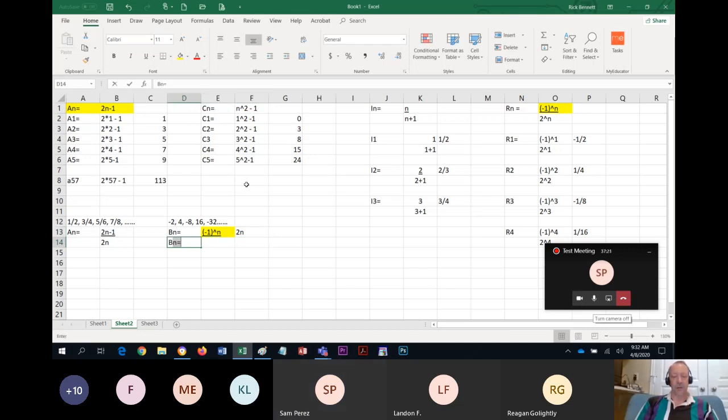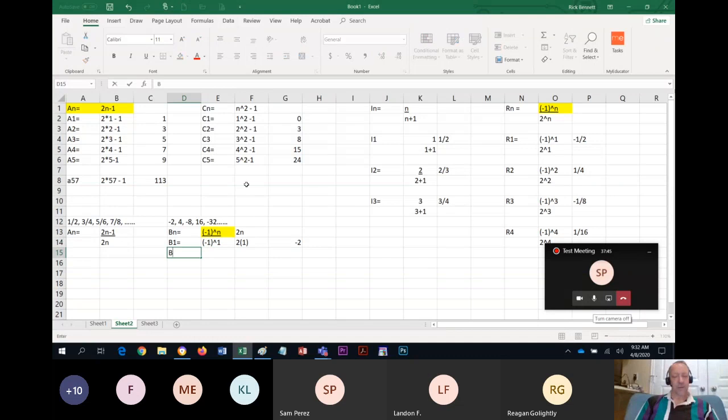Okay, so b sub 1, we can check our answer. That's going to be -1 to the first power times 2 times 1. Okay, so -1 to the first power, that's negative. 2 times 1 is 2. So far, so good. So the first, except it's -2.